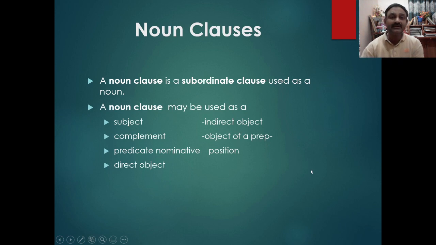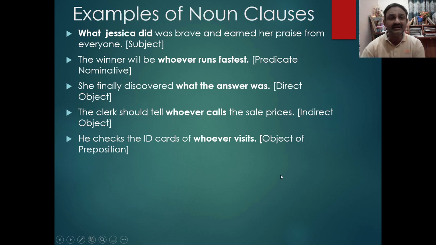So now coming back to the noun clauses, a noun clause is a subordinate clause used as a noun. A noun clause may be used as a subject, predicate nominative, or a direct object. So examples are, what Jessica did was brave and earned her praise from everyone.